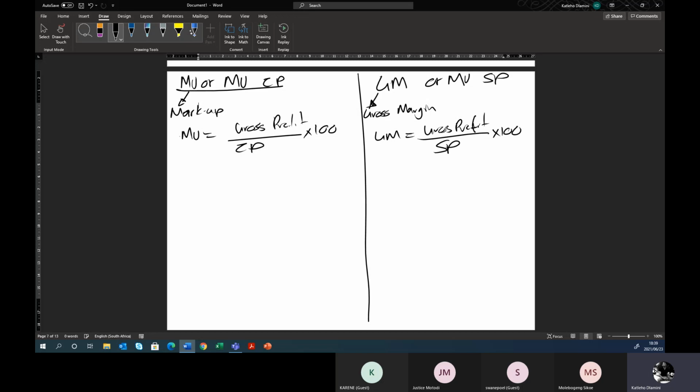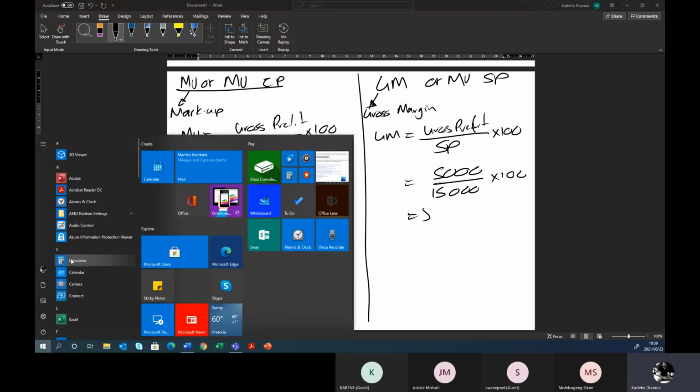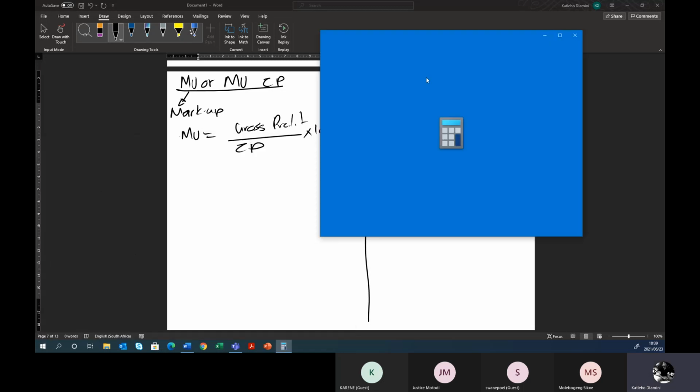Selling price or sales. So if you have to do the same calculation, your gross profit was 5,000, your sales was sitting at 15,000, multiplied by 100. Why did my calculator disappear? Did I close it by accident? It's weird. I'll end up using my Casio next to me.